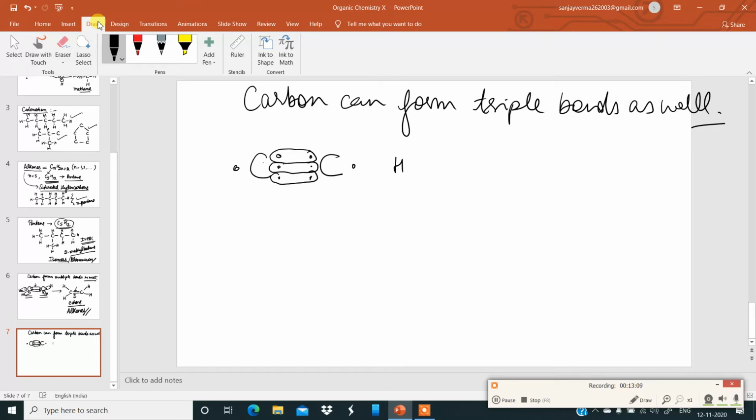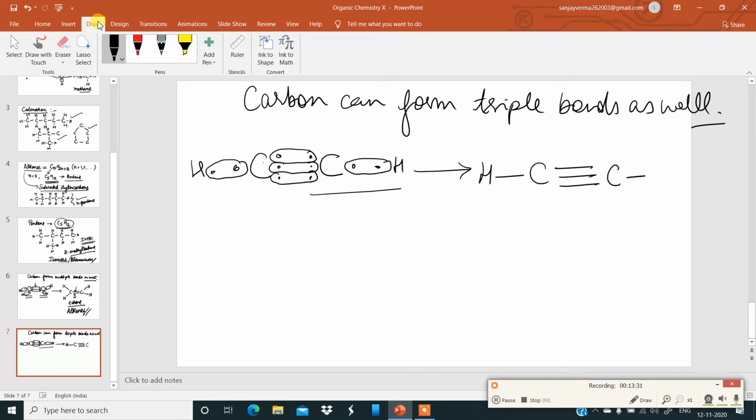One hydrogen here, another hydrogen over here. So let's check the electrons: 1, 2, 3, 4, 5, 6, 7, 8. Octet. They also have an octet. So in this way we have a compound like this. Carbon-carbon triple bond, another carbon and hydrogen. One is a sigma bond and these two are the pi bonds.